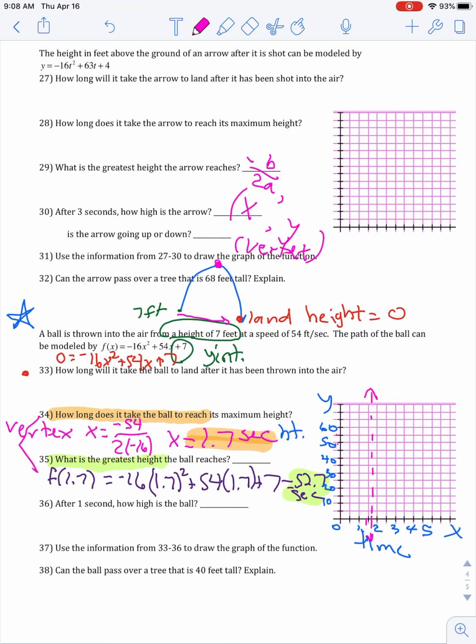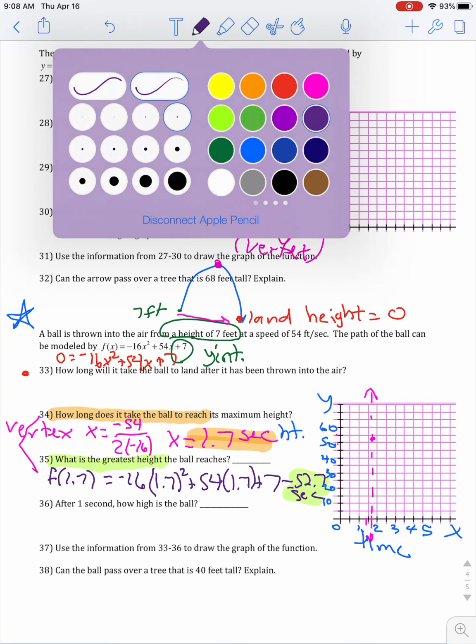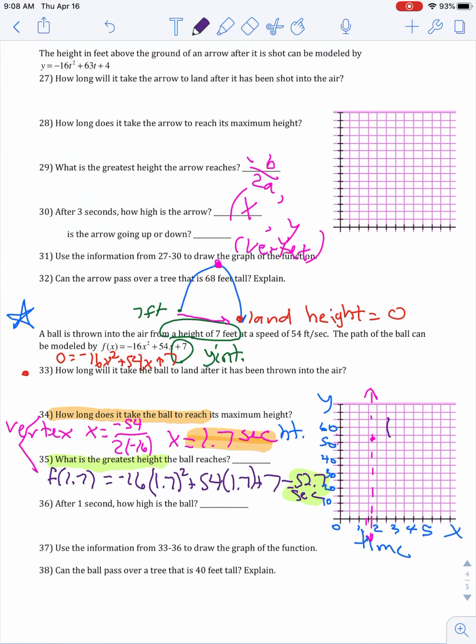Here's 50, here's 55, so 52.7 is almost right in between those two values. My graph is kind of small, but there is my vertex right here. Sometimes it's helpful to label that vertex. So that is the ordered pair 1.7, 52.7.